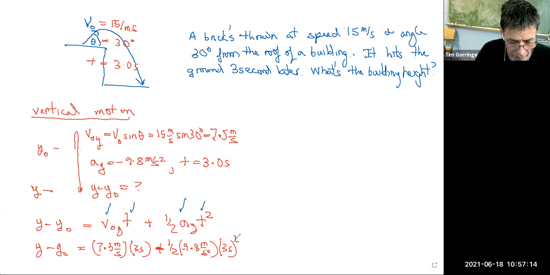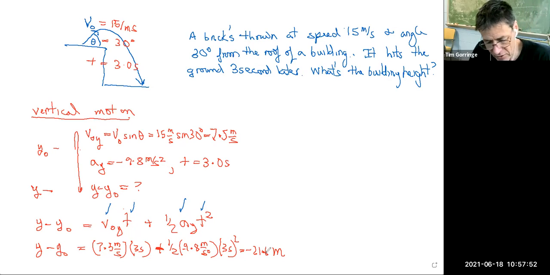And if I plug these numbers into my calculator, I worked this out earlier, I got minus 21.6 meters. So that's the vertical distance traveled, and 21.6 meters is the height of the building. So the answer to the question here, what's the height of the building, is 21.6 meters.